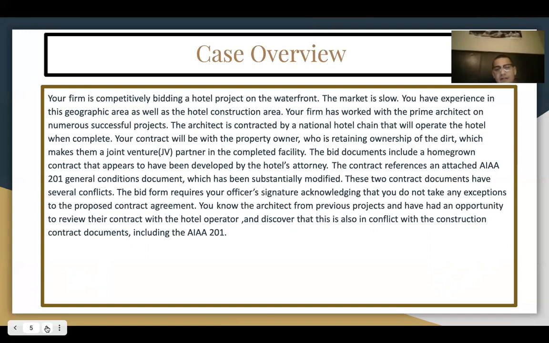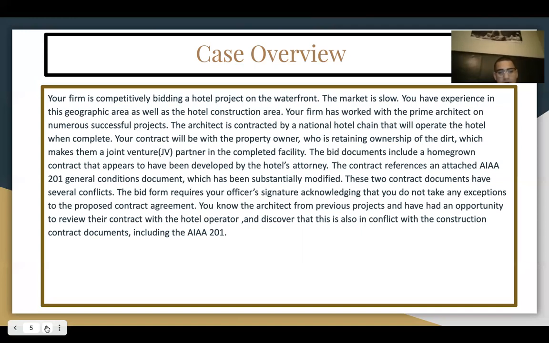In the completed facility, the bid documents include a homegrown contract that appears to have been developed by the hotel's attorney. The contract references an attached AIA A201 general conditions document, which has been substantially modified. These two contract documents have several conflicts.